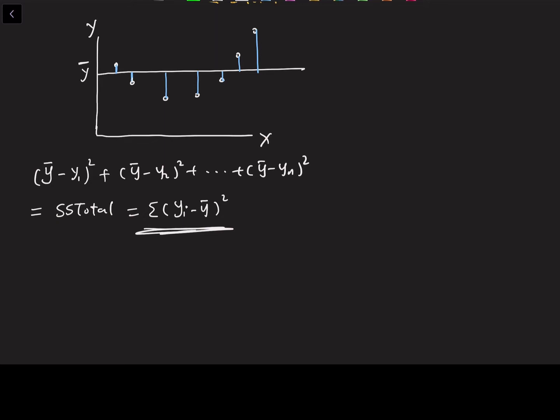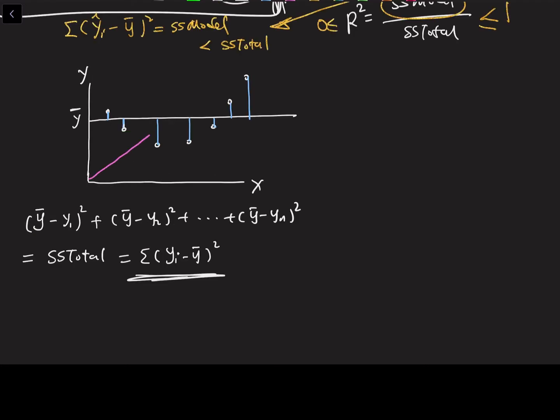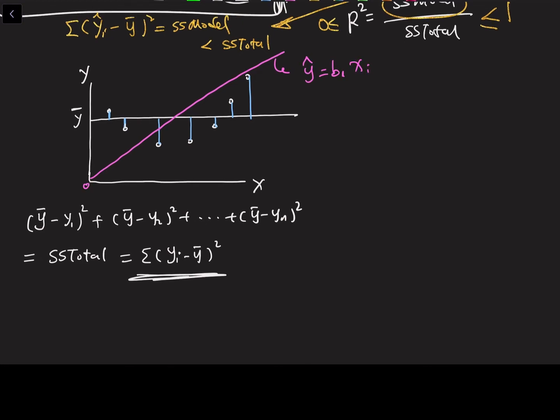And now if the regression line looks like this, you just draw a line through these points, but you force this line to pass through the origin. So it'll be like this. So now this is y hat equals b1 times x, passing through the origin. So now you are not using y bar, right? You're using x for each value of x.